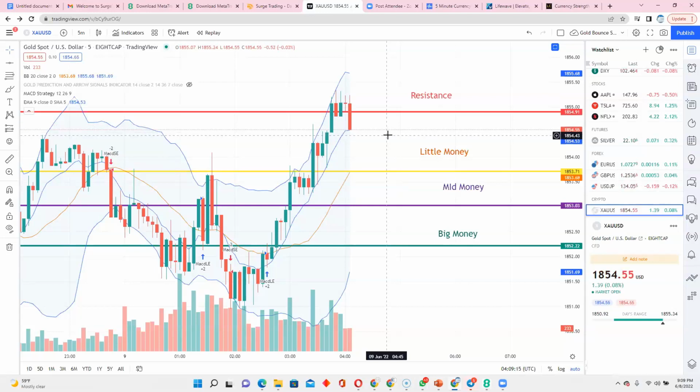So that's why I said this is a little money from 46, but my pending order was way up here and it's already made me little money. I can cash out that one if I want to, but I have a trailing stop loss. So that should be good for me to keep on going with that one. The next one I am going to cash out with our session is going to be at this little money when it gets there.